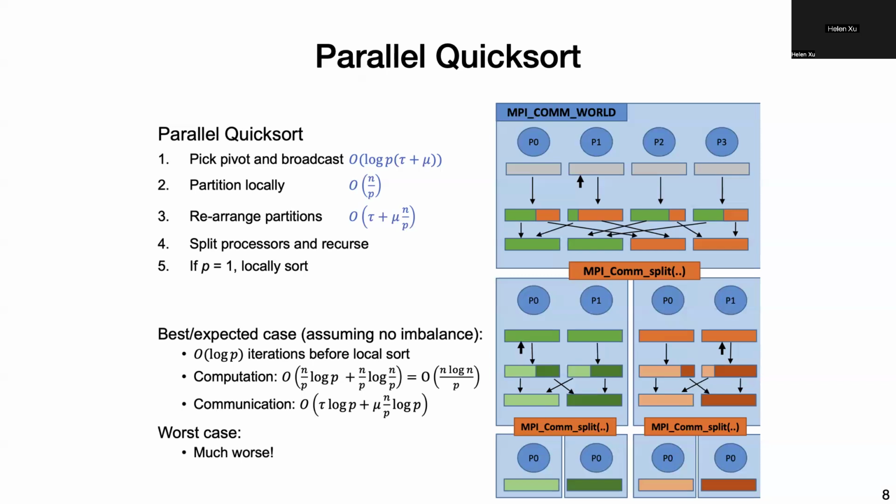We talked about MPI_Comm_split when we were doing MPI. Comm_split is used sometimes in these cases, where you have the lower half and upper half, and now you want to split them into separate communicators, and now you can continue to call your recursion. At the end, the base case is when p is equal to 1, you do some local sorting, and then you come back up.